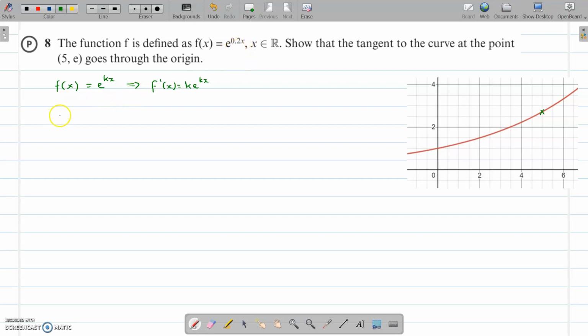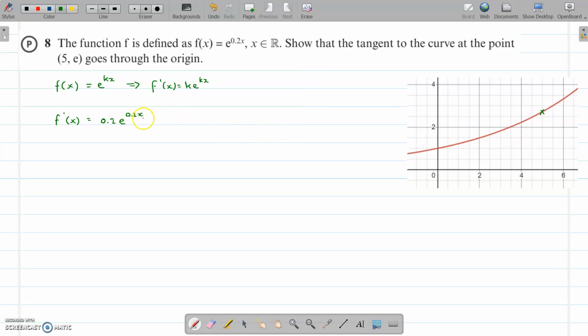So we can say that f dashed of x in this case is equal to 0.2 e to the 0.2x, and that's the derivative. And we know therefore that when x equals 5, we can find the derivative.